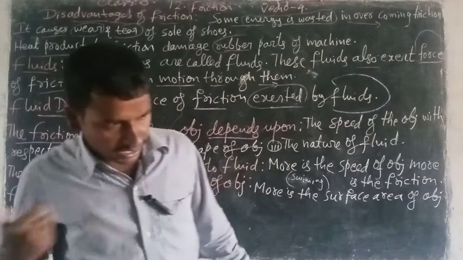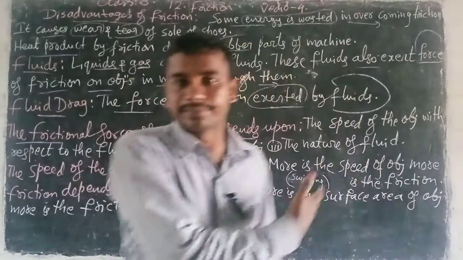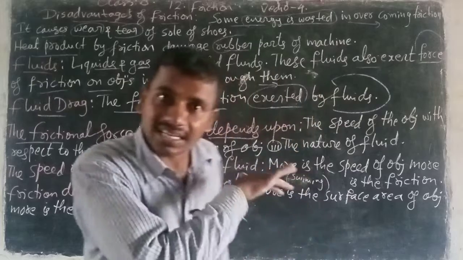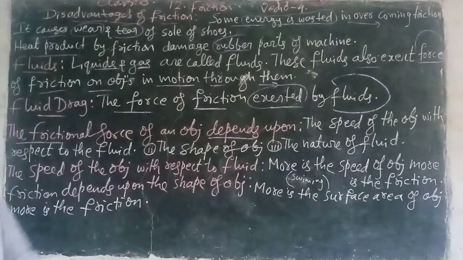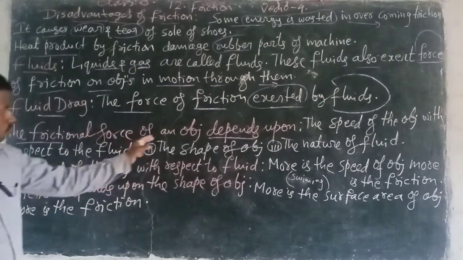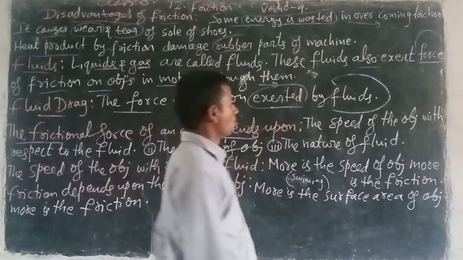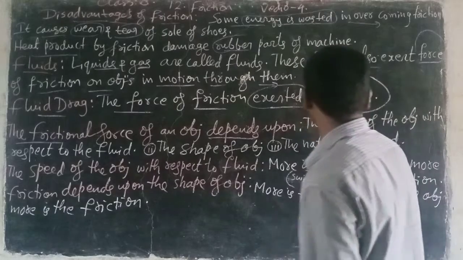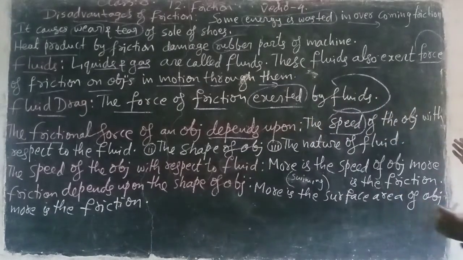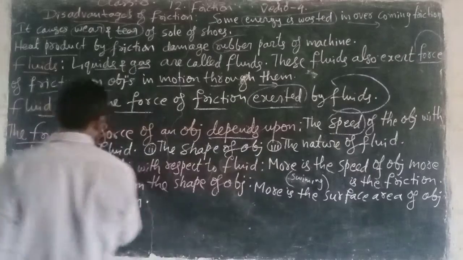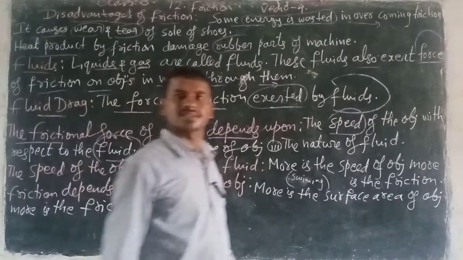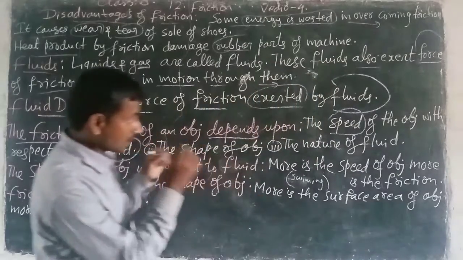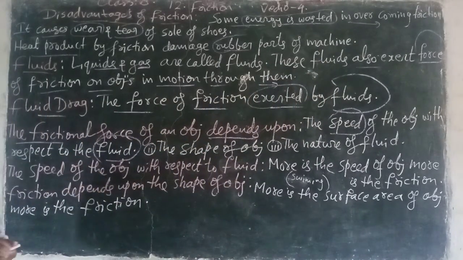Because of this only. Now we will look. The frictional force on an object depends upon the speed of the object with respect to the fluid. First point.